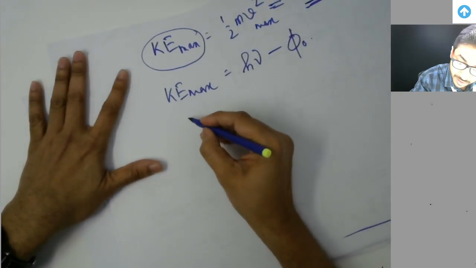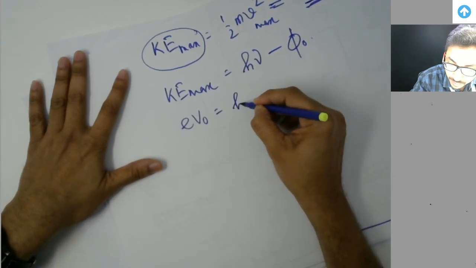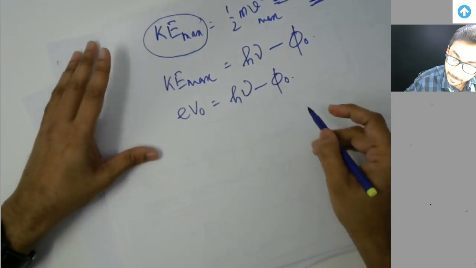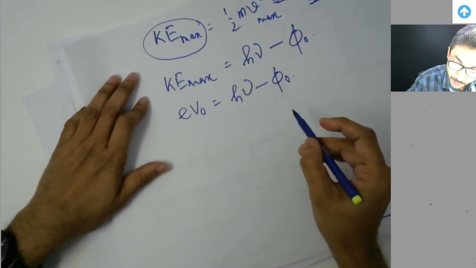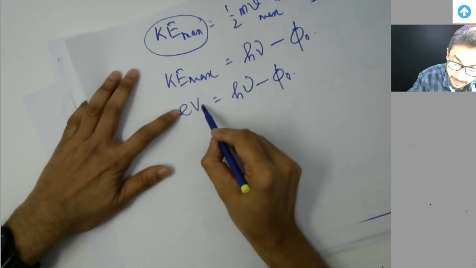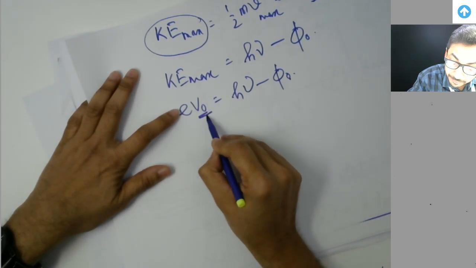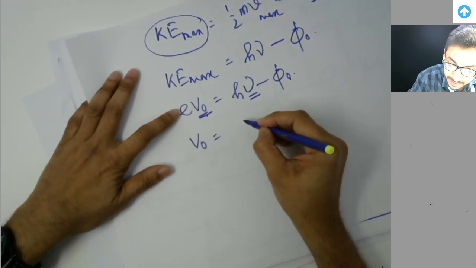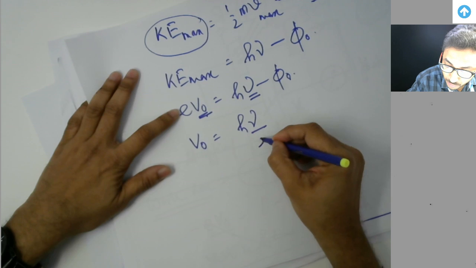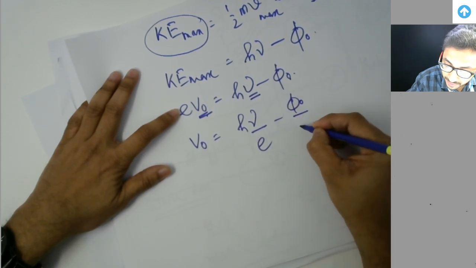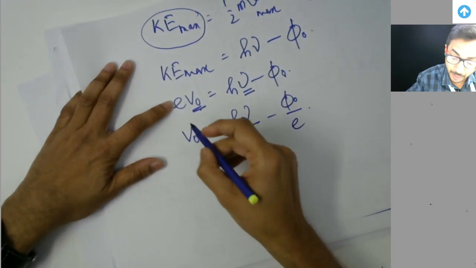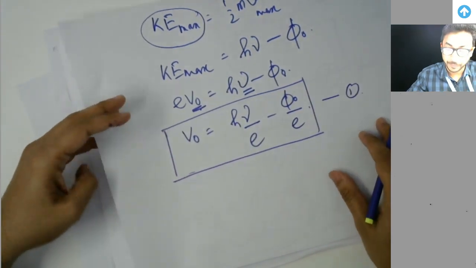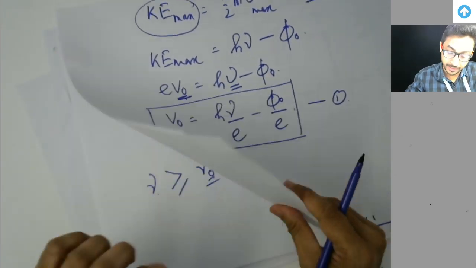So we can write eV0 equals h nu minus our work function. So the stopping potential V0 is a function of the frequency. If we divide, V0 equals h nu by e minus phi 0 by e. We will use this equation for our problems.